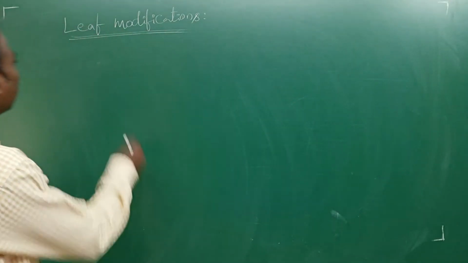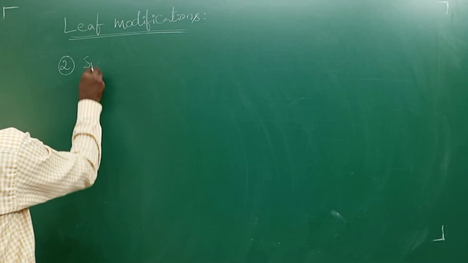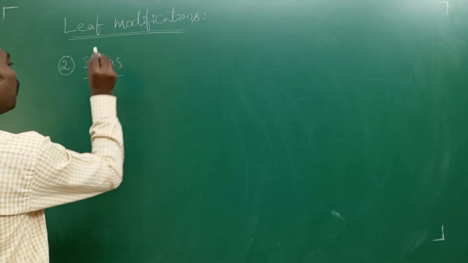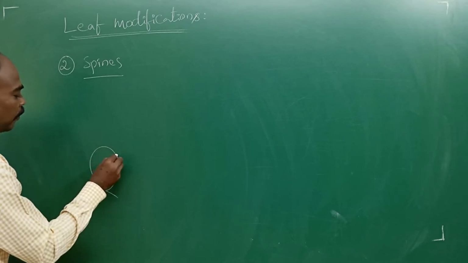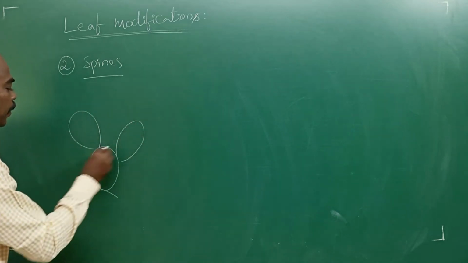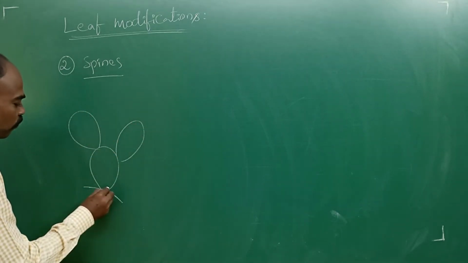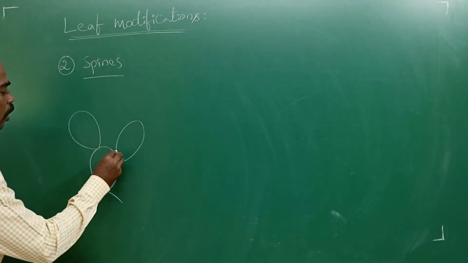Then secondly, spines. We already discussed phylloclade, where the stem itself is modified into a flattened leaf-like structure.